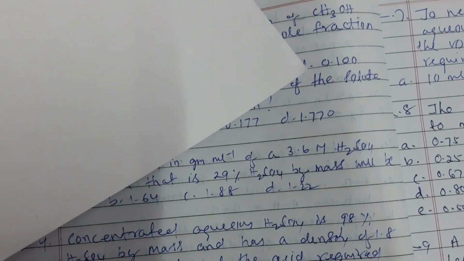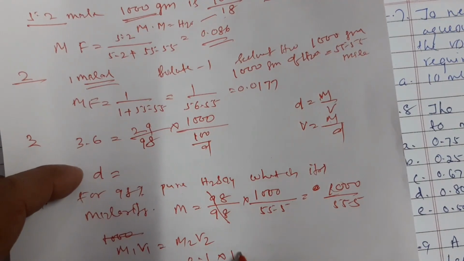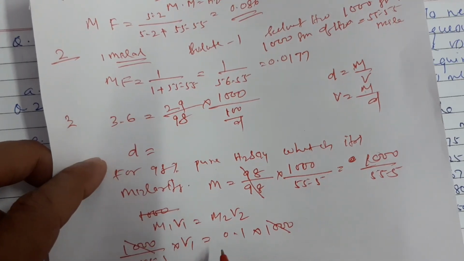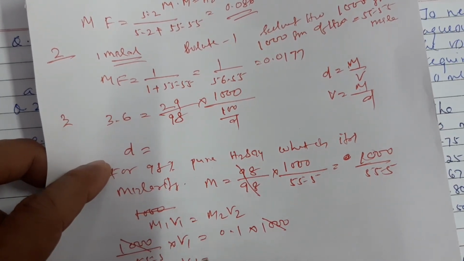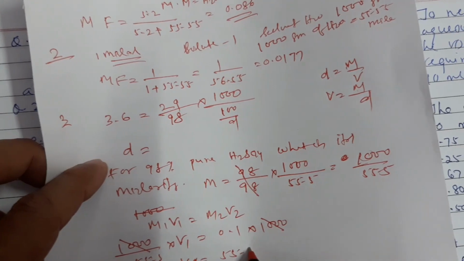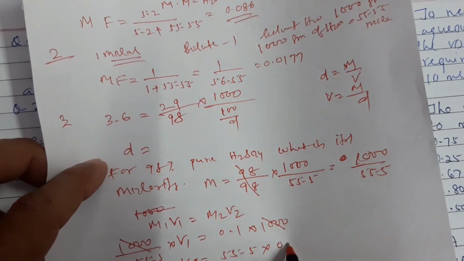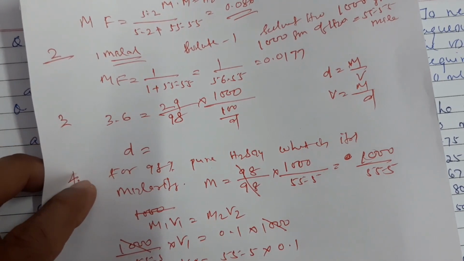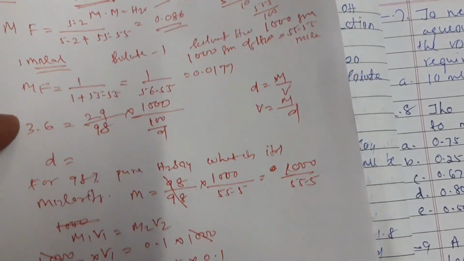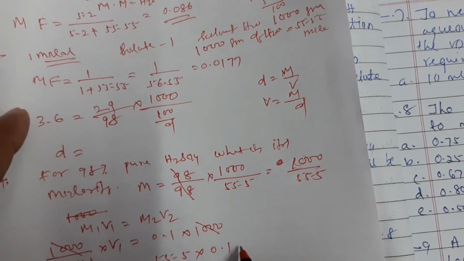The volume to make is 1 liter, 1000 ml. So on both sides 1000 cancels. So V1 is equal to 55.5 multiplied by 0.1. Okay, students, so you will multiply this.